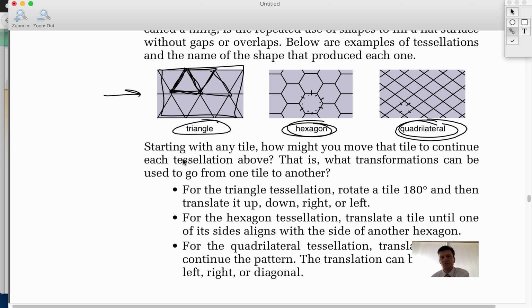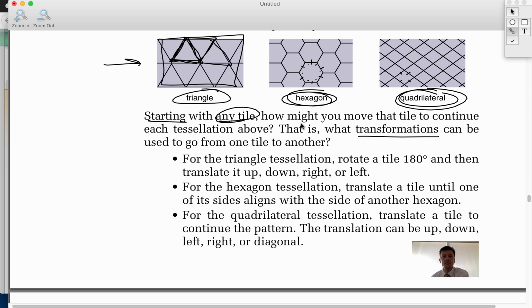So here are some quick instructions on how to make a tessellation, the repeating pattern. You start with any tile, and you want to make sure that you can transform that tile, that shape, if you want to, so that it can be a little creative, a little different. You take your original shape, let's say a triangle, and then you make the next one and rotate it 180 degrees.